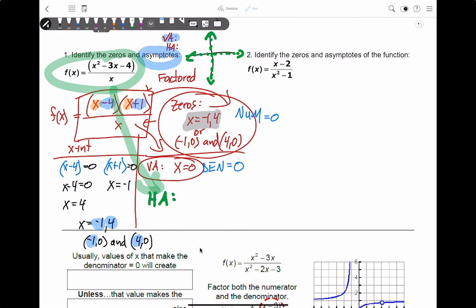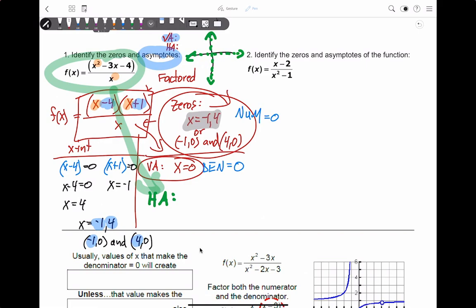Notice the two different forms that you're going to use to get the different pieces of these attributes of rational functions. If I look at the biggest degree of the numerator, I see that it's 2, because the biggest degree of x is x squared. The biggest degree on the bottom is x to the first.